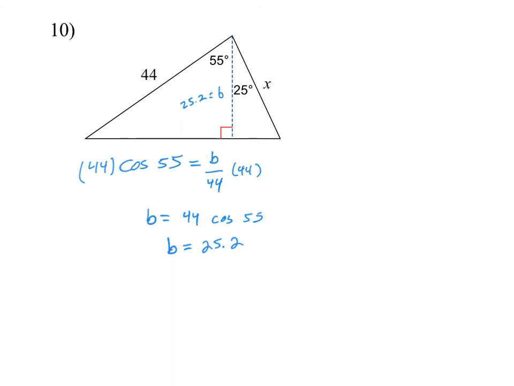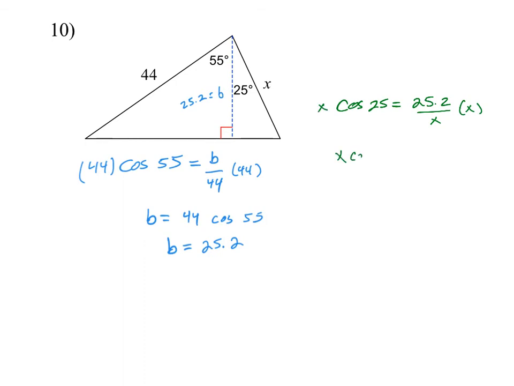Now on this right triangle, on the right, I have my angle, I have my adjacent side and the hypotenuse. So that means that cosine of 25 equals 25.2 over x. So I'm going to multiply times x on both sides.